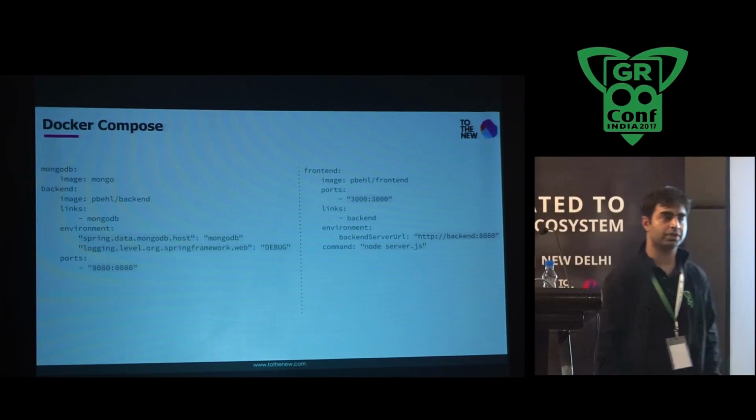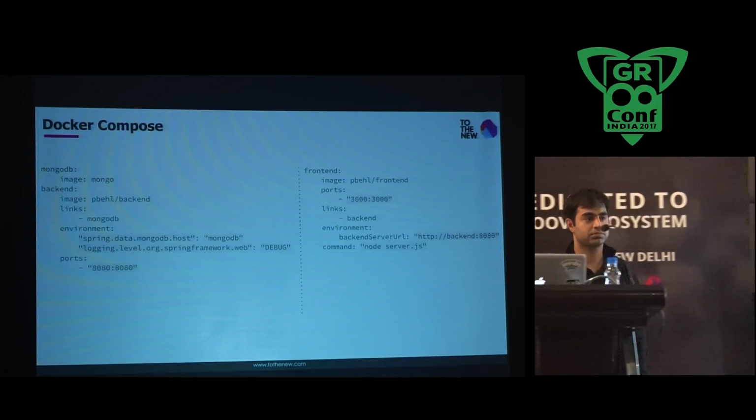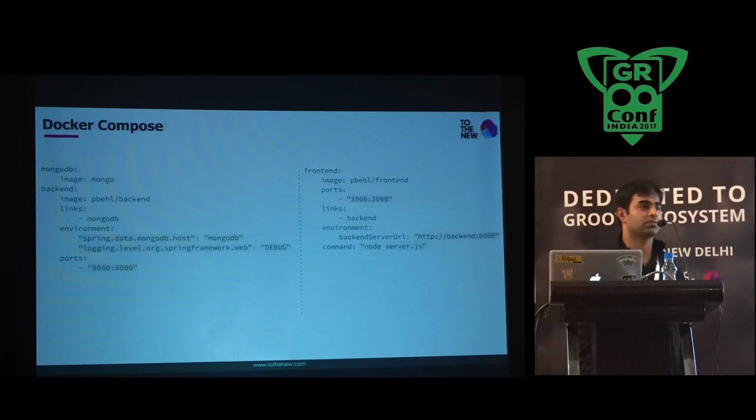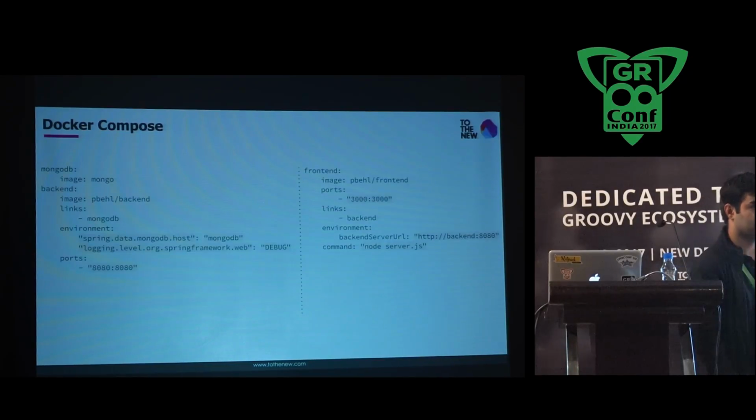Okay. Thank you. You had one question. Yes. I have a question since in my company we are already set up with production and everything. Now I want to include Docker in it. So what are the things I have to keep in mind?